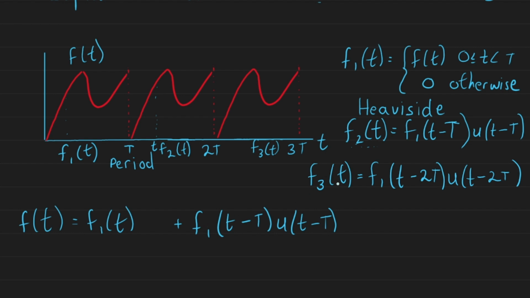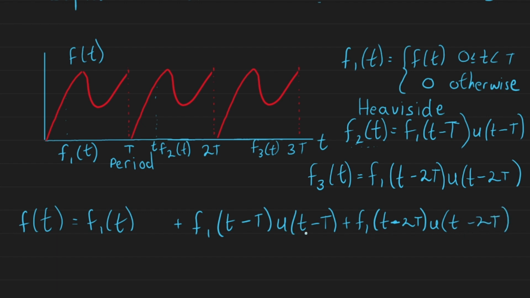And then we would have f3, and f3 we know is f1(t minus 2T) multiplied by the Heaviside unit step function u(t minus 2T).